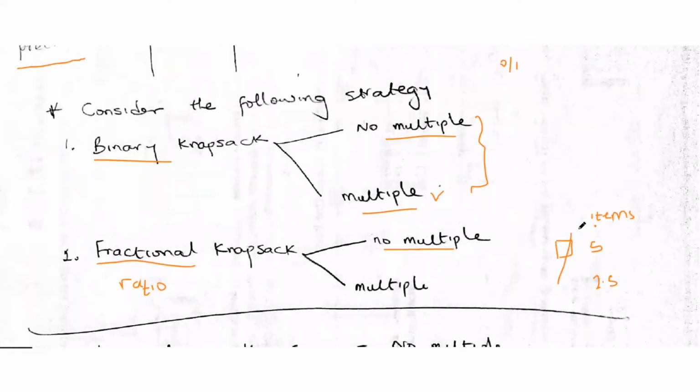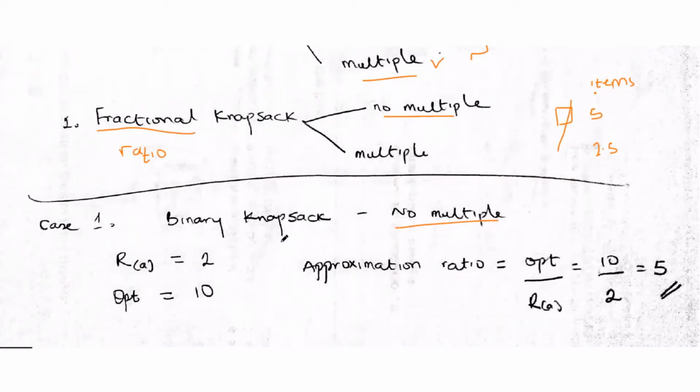So what we can have in this instance is that our approximation approach, our greedy approach represented with RA, can only give us a maximum of 2 units of value, but clearly what we should have taken, which is the optimal, is 10.